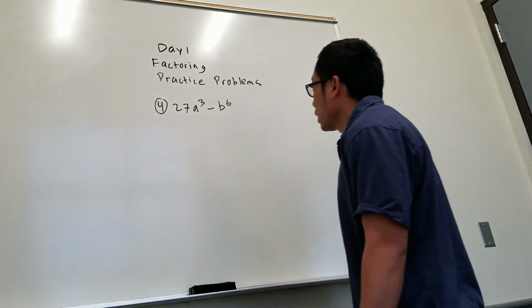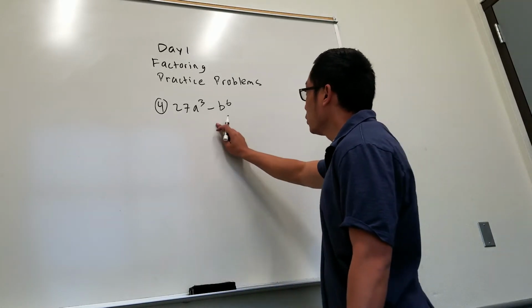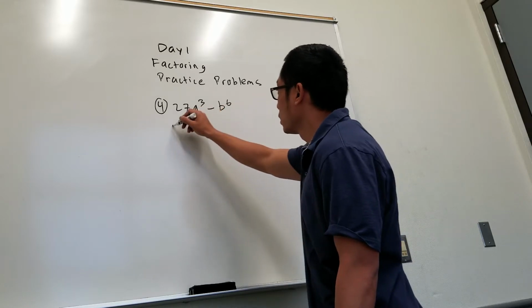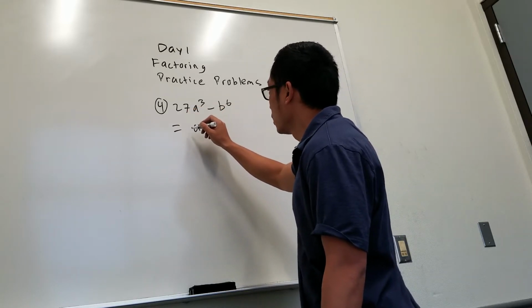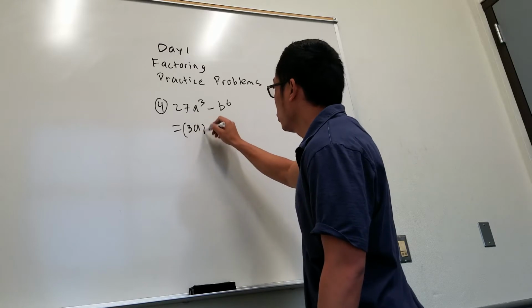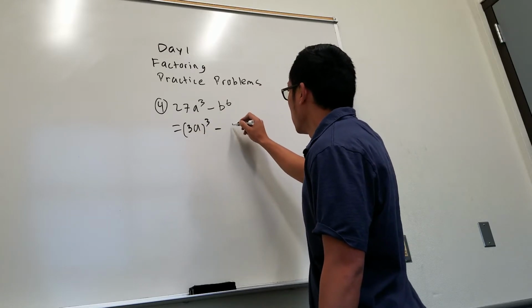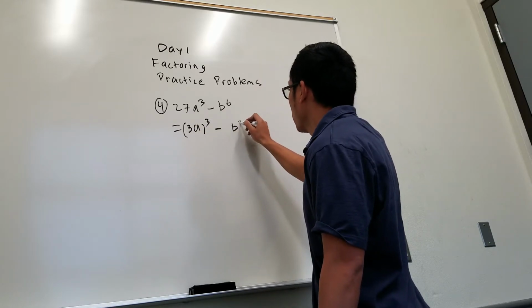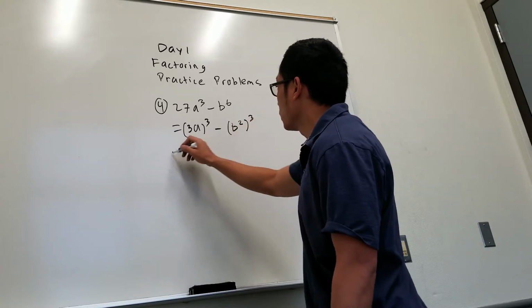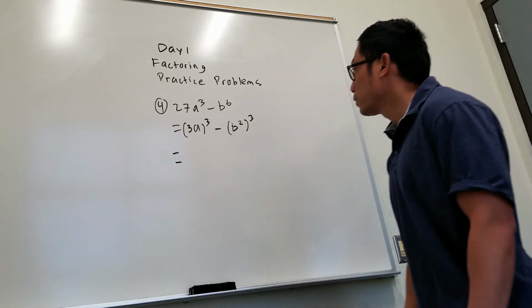Pause the video if you have to, but really this is a cubed minus b cubed. This is the same thing as 3a cubed minus b squared cubed, right? So I'm going to use that idea to factor this.